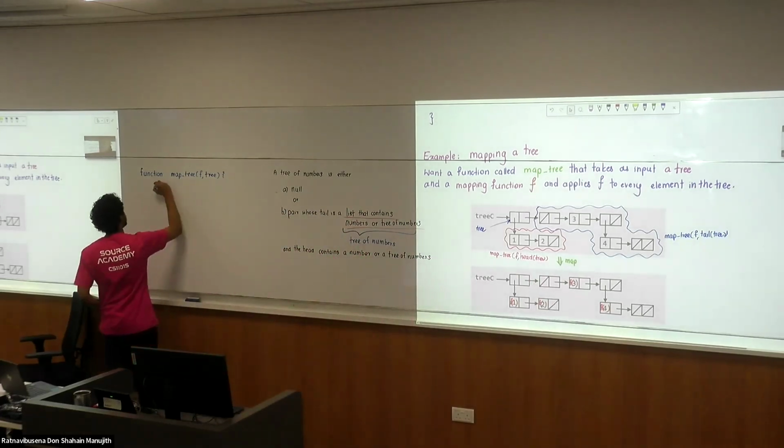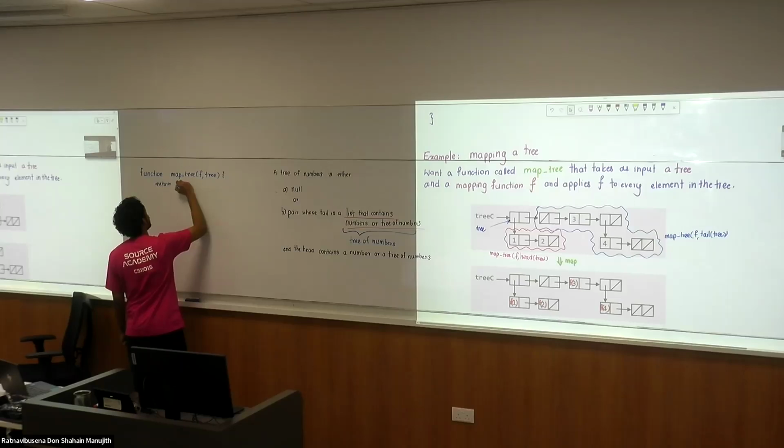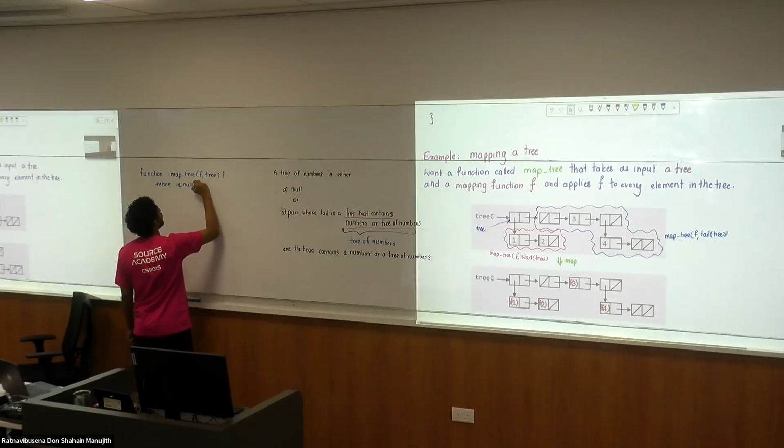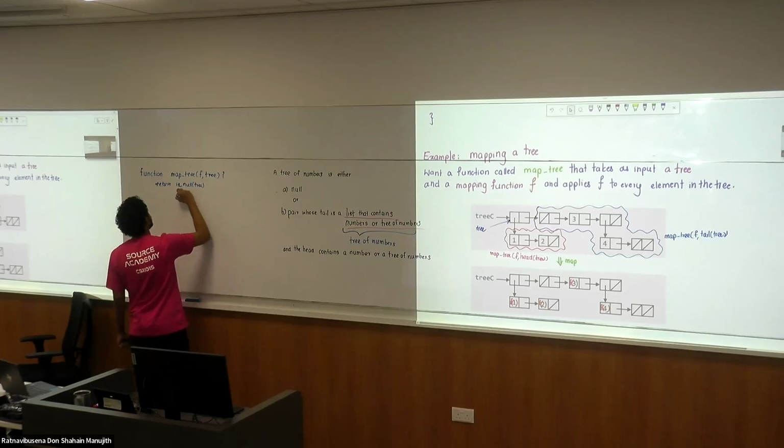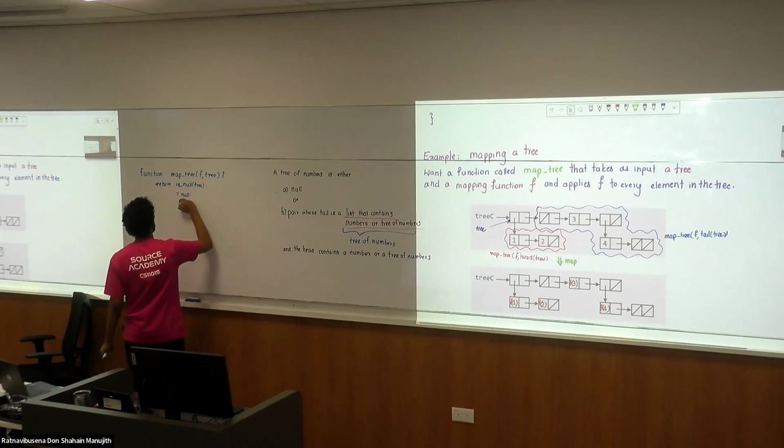So here we'll do this. So return what? What's the base case? If the tree is null, then what? If not, we check whether the head is a number or a tree of numbers. So how can we check whether the head is a tree of numbers?